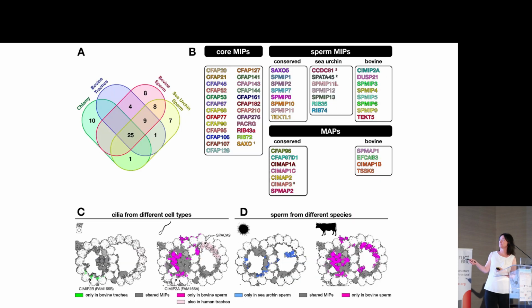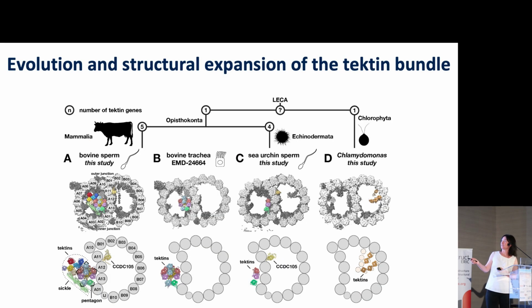So by comparing these two structures and other cilia, we actually came up with some core microtubular inner proteins. But the interesting bit is what is happening in this A tubule, and what turns out is that mammalian sperm extended one of these proteins that is called tektin, and it has tektin 5 filling most of this A tubule, and you do not have it in the other cilia or in the sea urchin sperm.